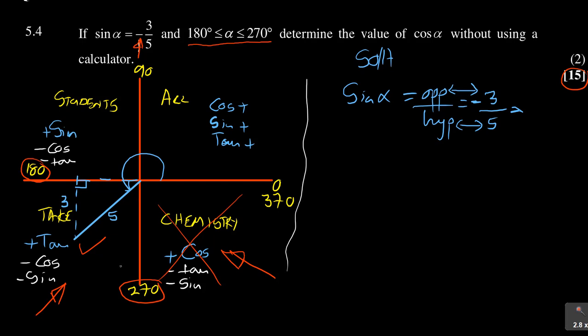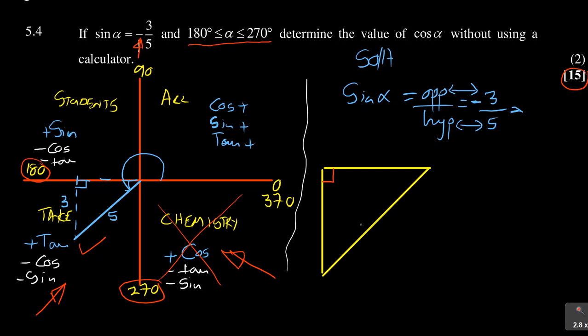And then, with the Pythagoras theorem, you are having a shape like this, and this is 90 degrees.